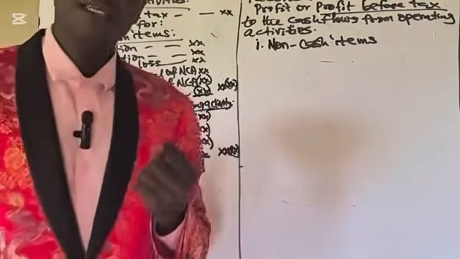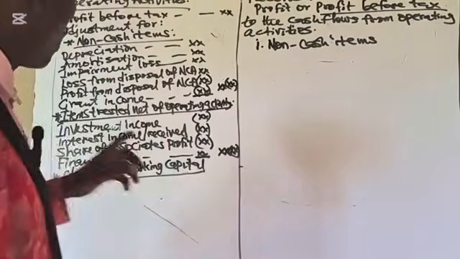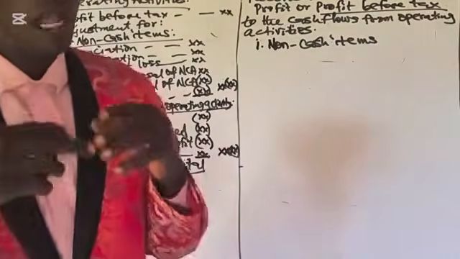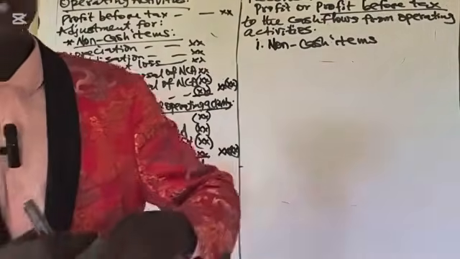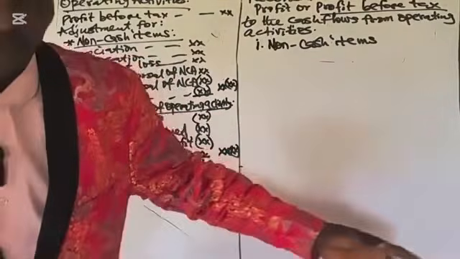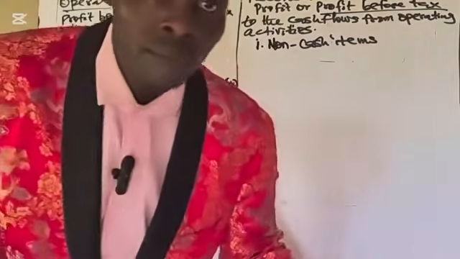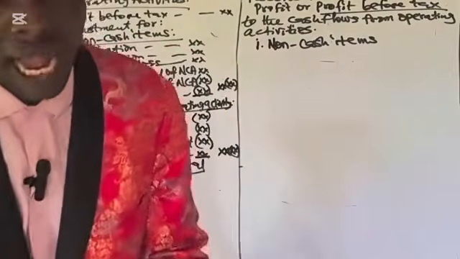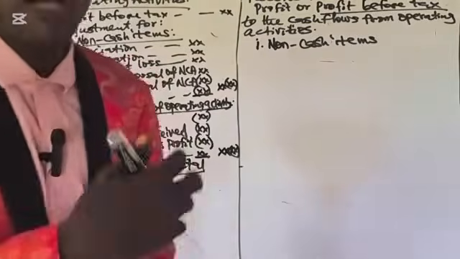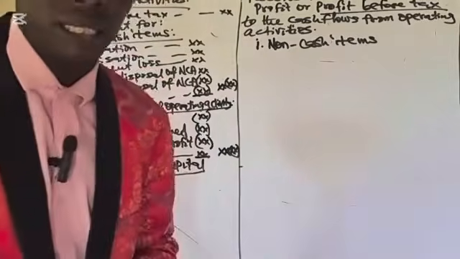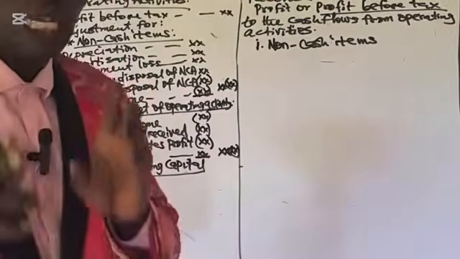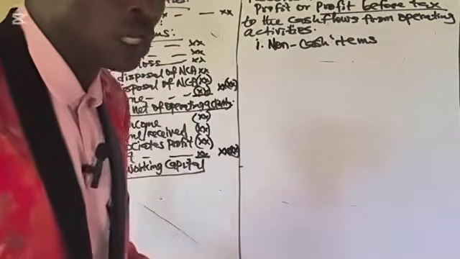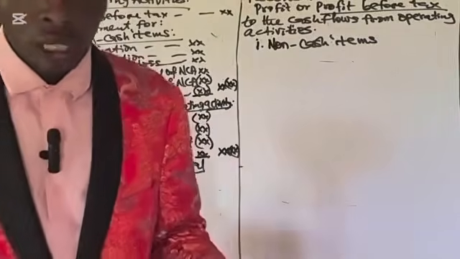For the purpose of the statement of cash flows, you may be given two statements of financial position. The essence of that is for comparison. You want to ascertain whether there is an increase or a decrease in any of the items, or you want to ascertain the opening and the closing balances. That is why two statements of financial position will be provided for exam purposes, but one statement of profit or loss is required.